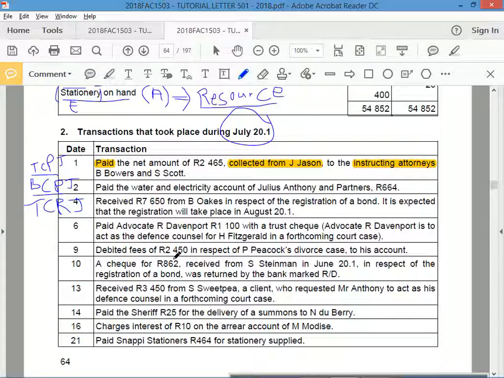Number 6, paid advocate R with a trust cheque. See, that's a giveaway. Okay, trust cheque. Bracket, advocate R is to act as defense counsel for H in a forthcoming case. Right, so why are you paying R? Because R is going to represent H. H is your client.